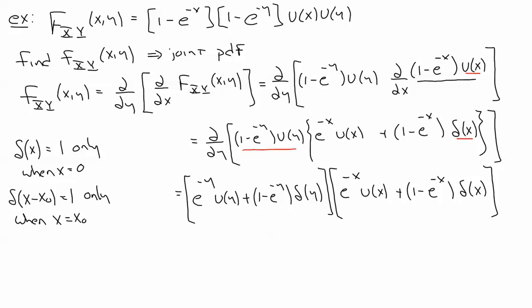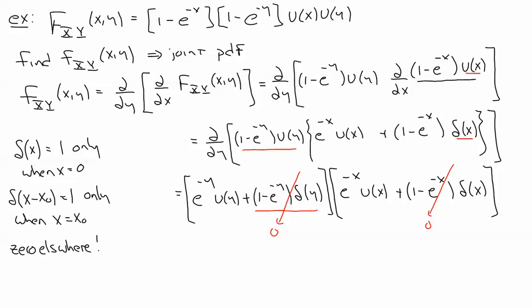It's 0 elsewhere. Let's look at that thing. This piece that I've just underlined in red only exists where y equals 0. Well, e to the minus 0 is 1, and 1 minus 1 is 0. This piece is exactly 0 everywhere. Likewise, that part is exactly 0 everywhere.